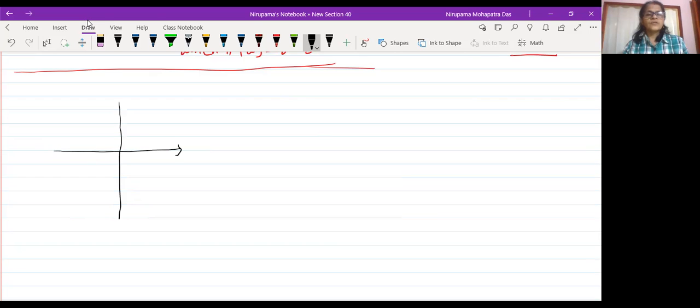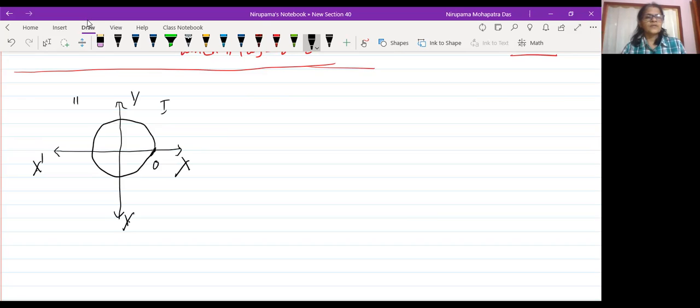The number of rotations, number of times you cover the circle, you can have measurement of angles accordingly. If you start like this, you are covering like this: first quadrant, second quadrant, third, fourth. So 0, pi by 2.